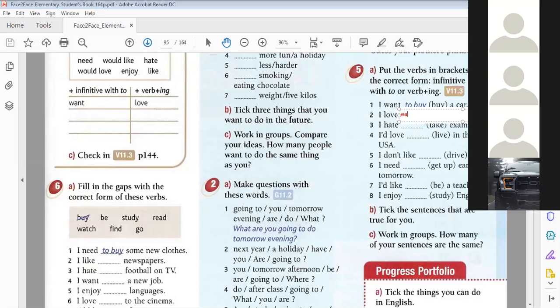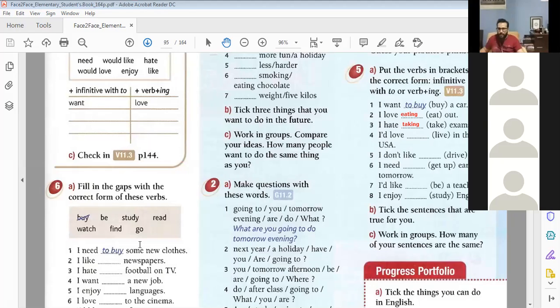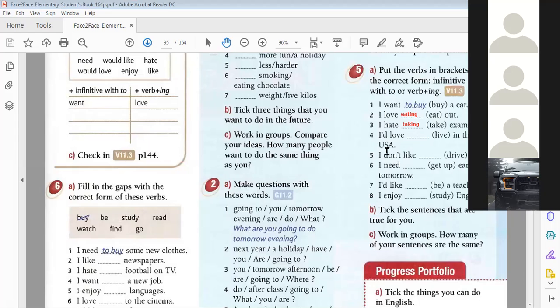Okay, Selma, you can do number 2. I hate taking exam. Okay. And Rashid, you can do number 4. Are you there, Rashid? I would love living in the USA.